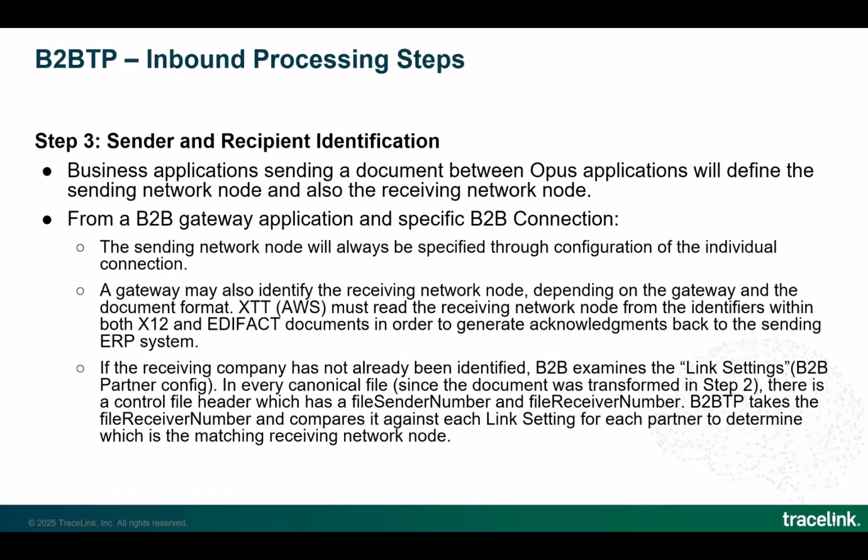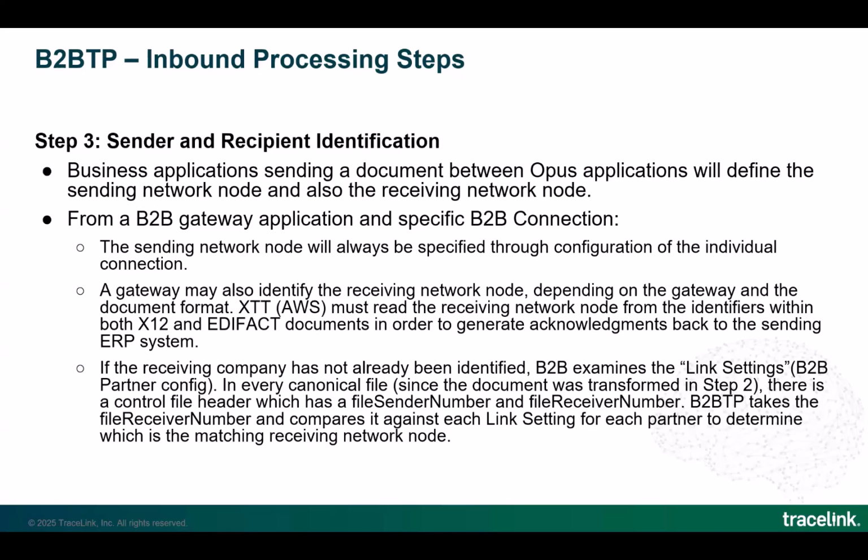The third step that B2B does is, from that canonical, identify the sender and recipient information. We talked about how it is identified. In the X12 file, there are two sections, sender and receiver. Those IDs will be taken, and B2B will compare the recipient ID.